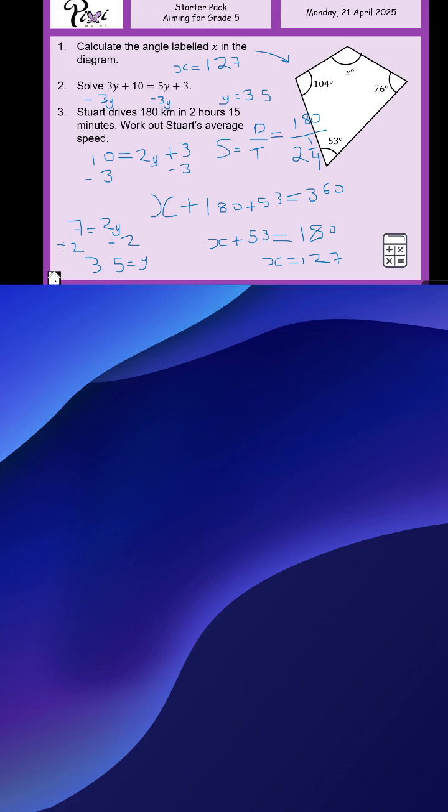If I work it out quickly on my calculator, I have 180 divided by 2 1/4. We get 80. So the answer will be 80 kilometers per hour, or equivalent in terms of our notation.